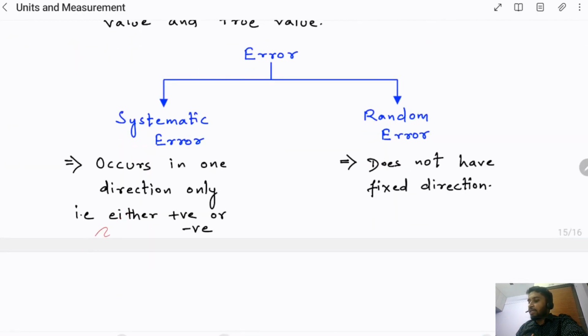For systematic error, one of the reasons is improper design or calibration of measuring instrument.